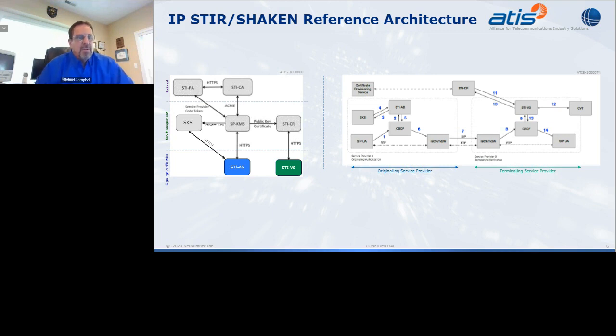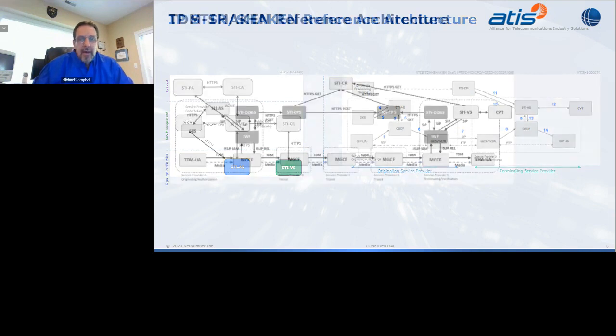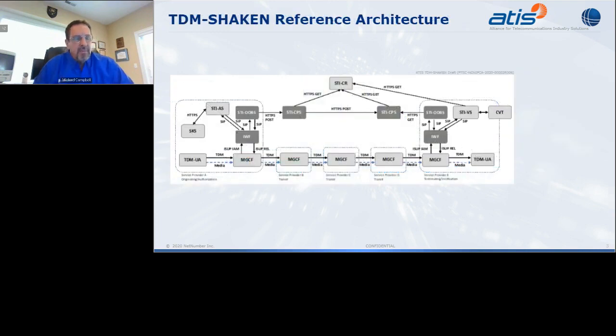Now, this is all in the context of IP, typically SIP and VoIP. And so it covers those kinds of calls, but it doesn't, as we see it here, cover TDM. Now, ATIS is busy working on that, and they have proposed a reference architecture for TDM that, frankly, on the face of this, looks a little more complicated because it's not actually a mirror image of the previous picture with some new pieces added.